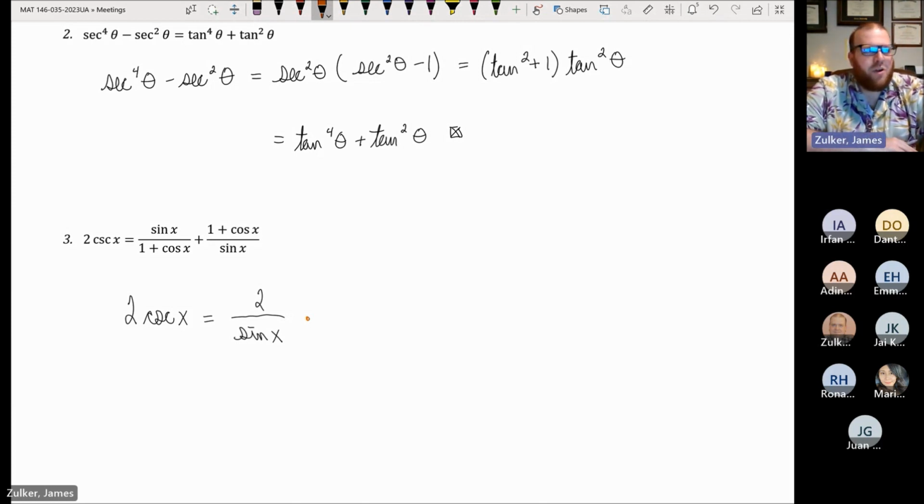Well, I noticed that I'm going to want a 1 plus cosine of x in the denominator as well. So let's multiply both numerator and denominator by 1 plus cosine.